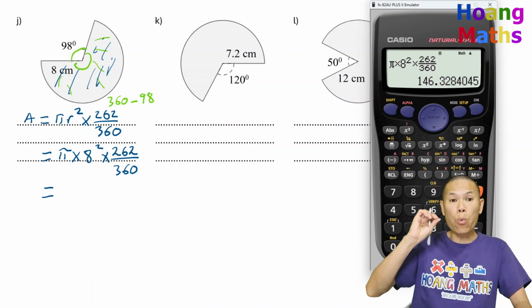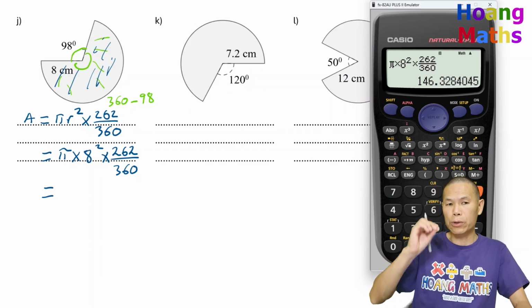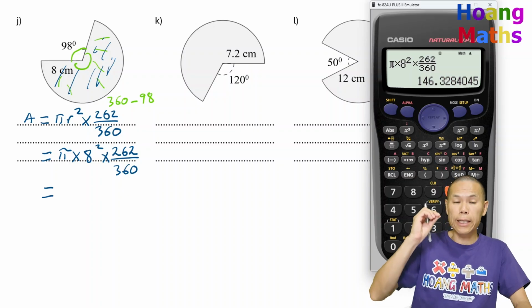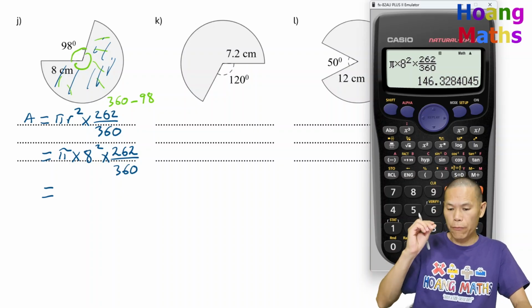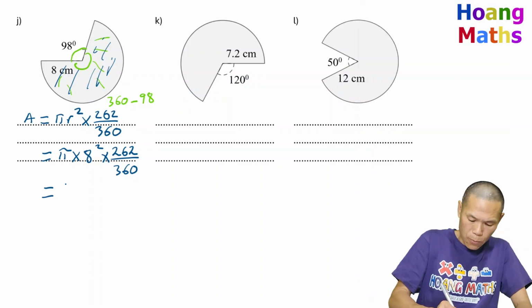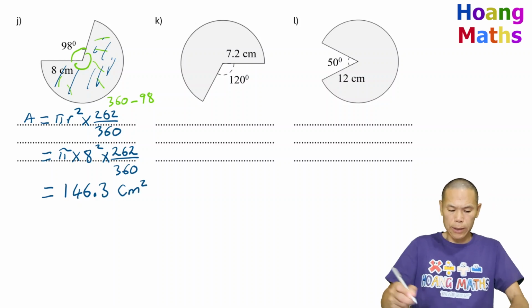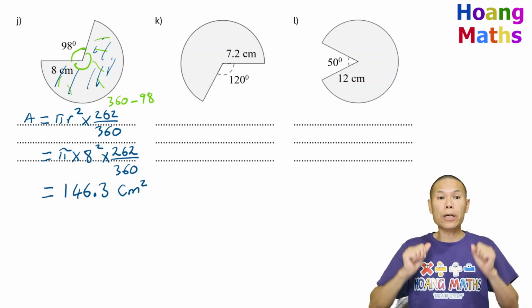So there you go, 146.3, because the number after 3 is less than 5. So therefore, 146.3 square centimeters. So there you go.